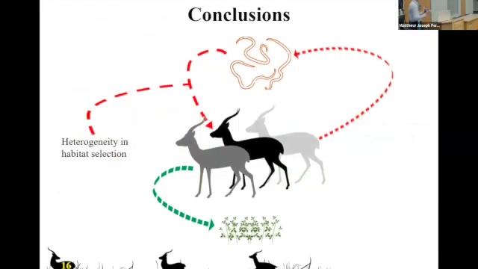So in conclusion, we observed this individual variation in helminth-induced feeding changes, potentially caused by the environment or other factors. And this variation had broad impacts in a community, with top-down effects on producers and bottom-up effects on parasite infection.